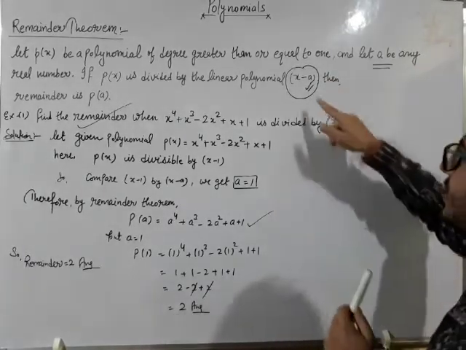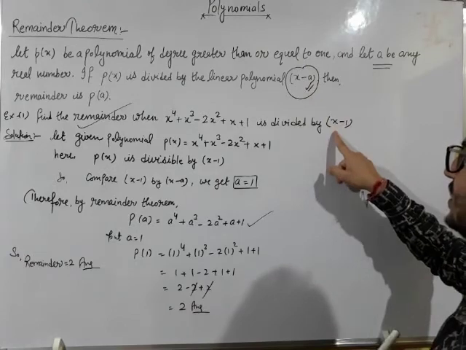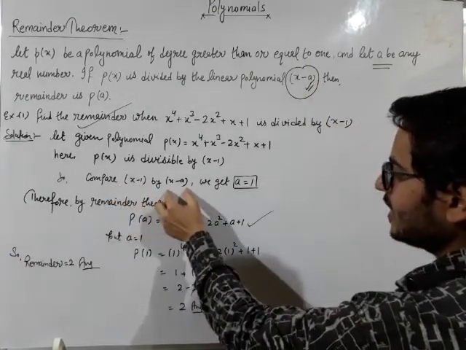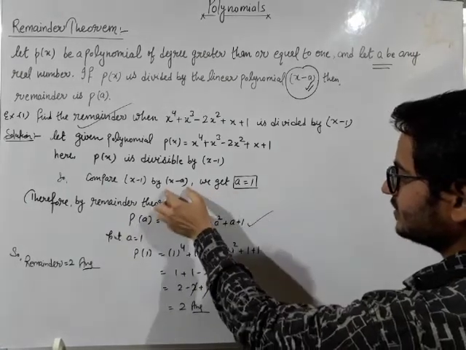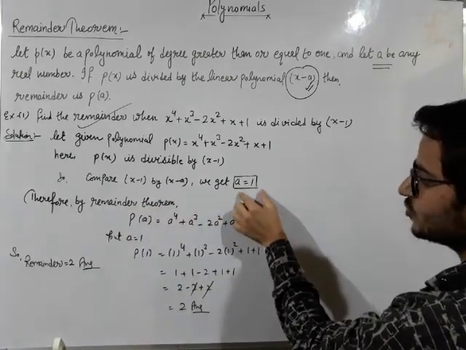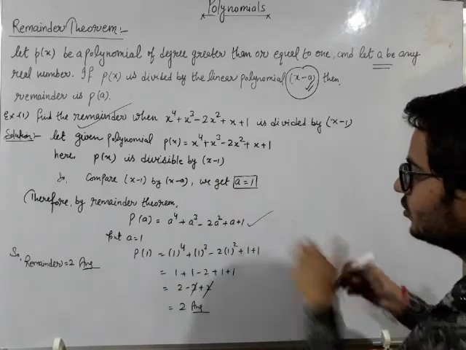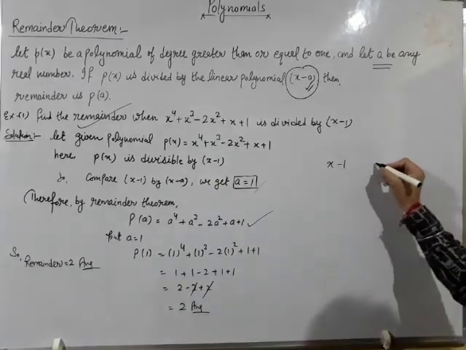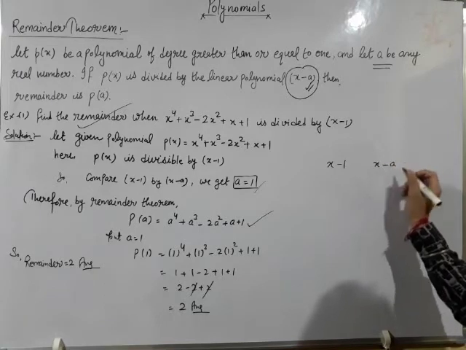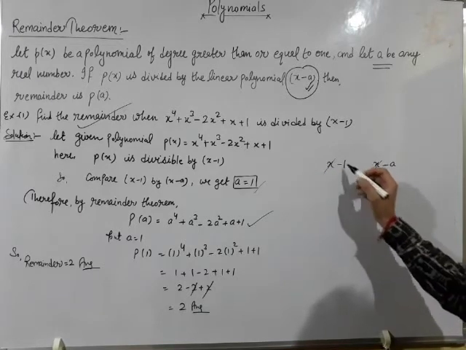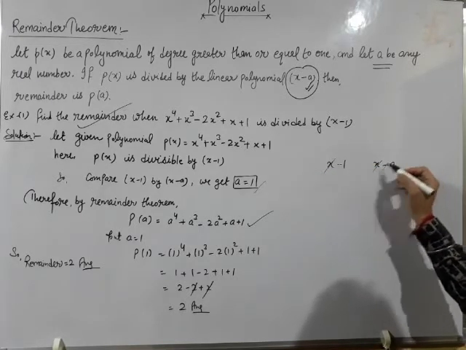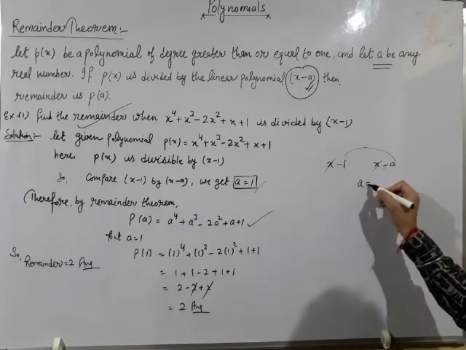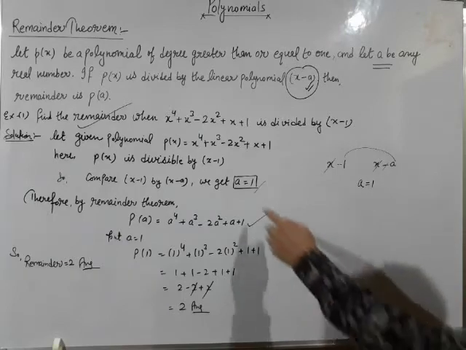You will compare x minus a with x minus 1, and we get a is equal to 1. How do you get a equal to 1? Write x minus 1 here and x minus a here. x is cancelled by x, minus is cancelled by minus. What is left? a, and what is left? 1. Therefore a is equal to 1.